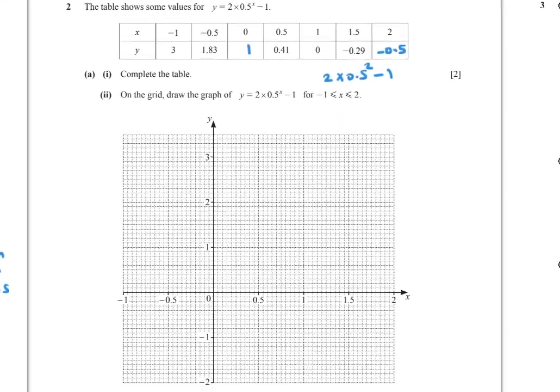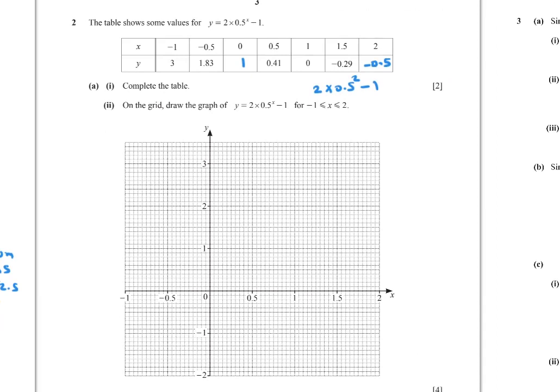Now we need to plot the points and draw the graph. The first point is negative 1 and 3. Then negative 0.5, 1.83.